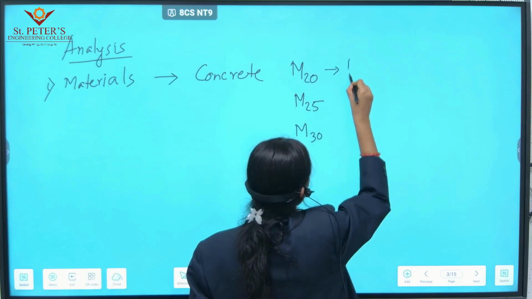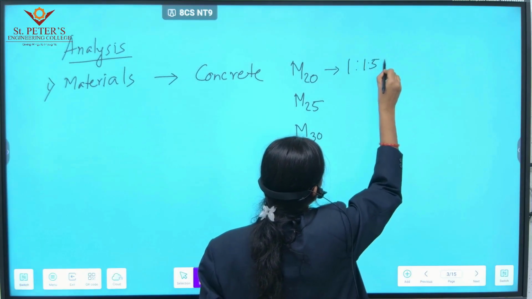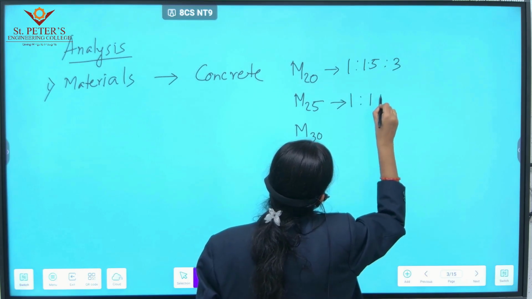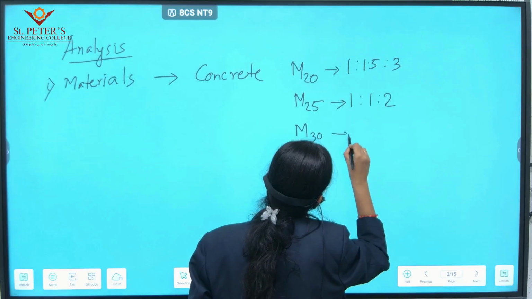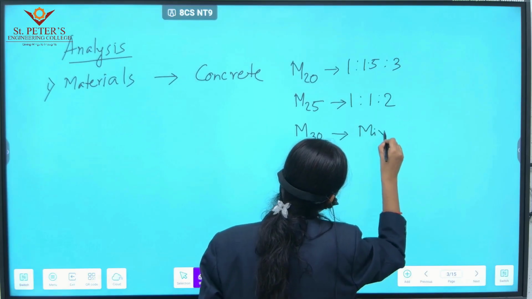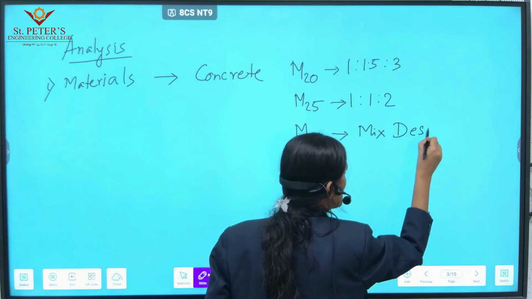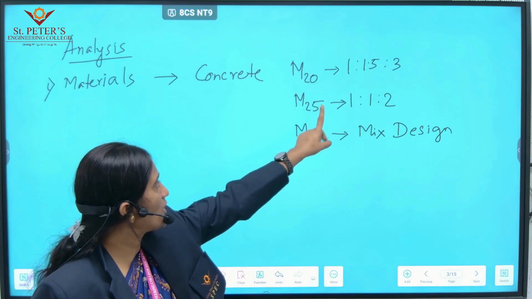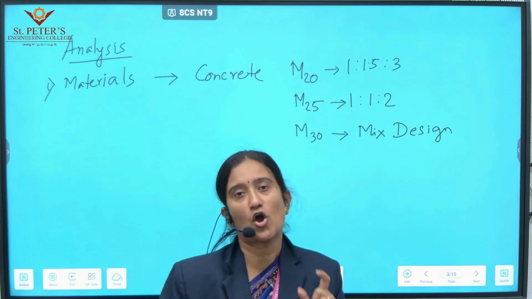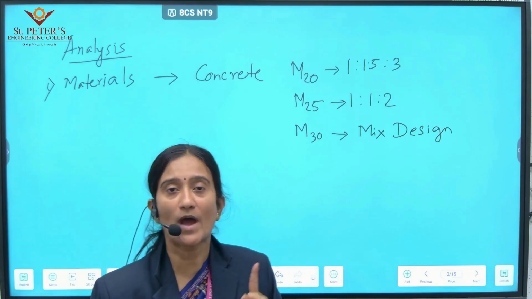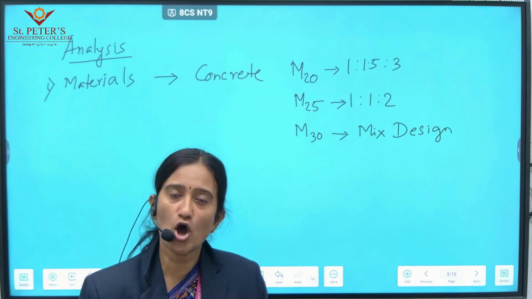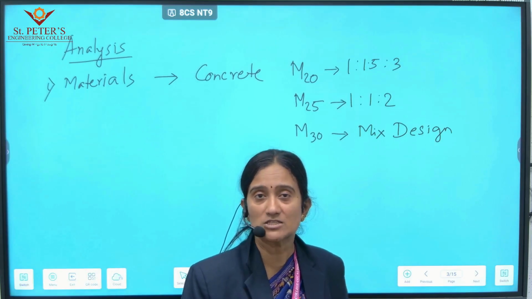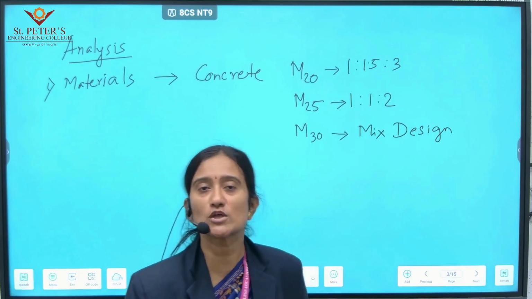M20 is mostly 1:1.5:3, and M25 is 1:1:2. Above M20 we have to do the mix design, which comes again in concrete technology. What is 1:1.5:3? One part of cement is mixed with 1.5 parts of sand, or fine aggregate, and 3 parts of stone chips, or coarse aggregate.